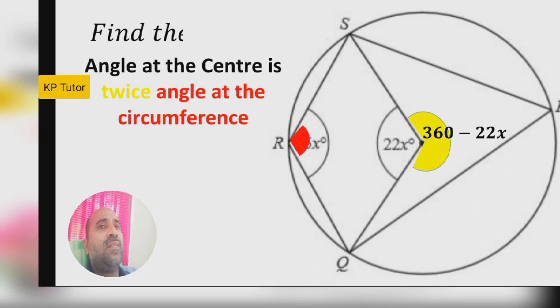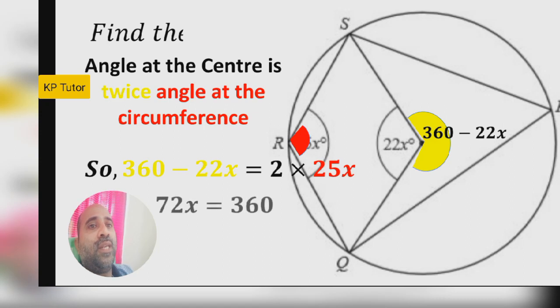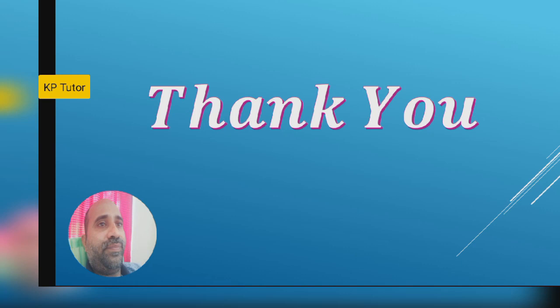Then we can connect this red and yellow angle, that is we can associate with the circle theorem. Angle at the center is twice angle at the circumference. So 360 minus 22x is equal to twice, that means 2 into 25x. So 72x is equal to 360, x is equal to 5.